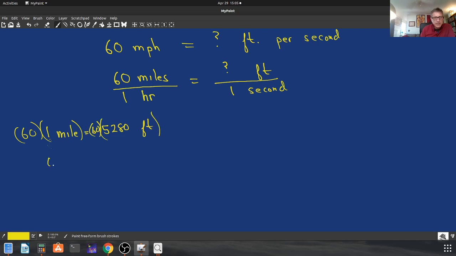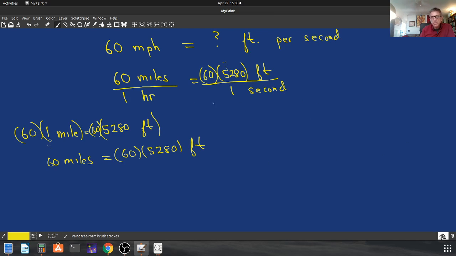I get 60 miles is equal to 60 times 5,280 feet. So I'm going to write that up there. Notice I didn't bother to multiply it out. I have a sneaky suspicion I don't want to multiply it out. So I'm going to write that as 60 times 5,280.